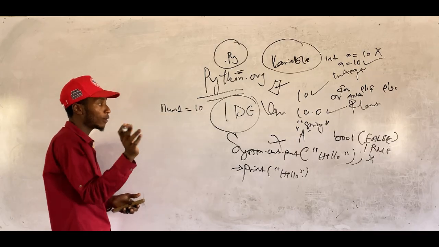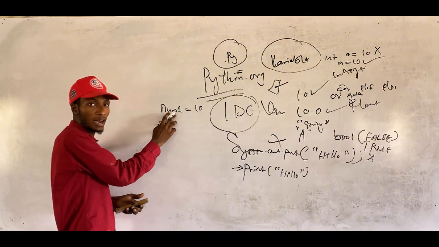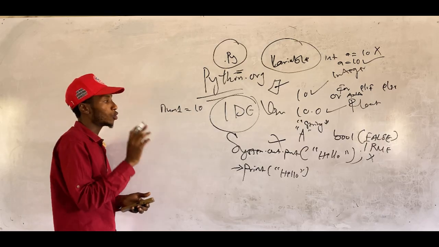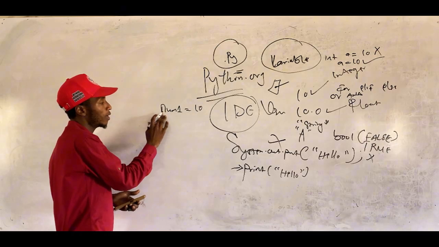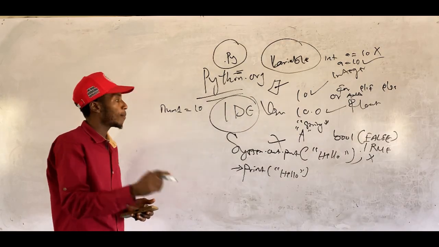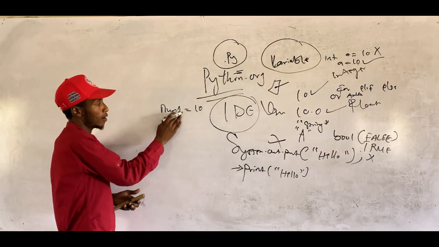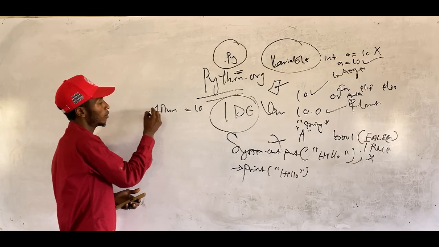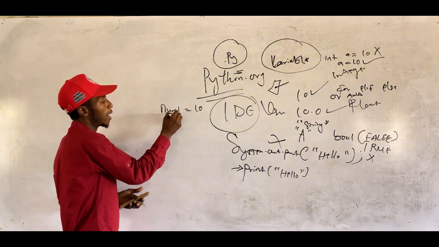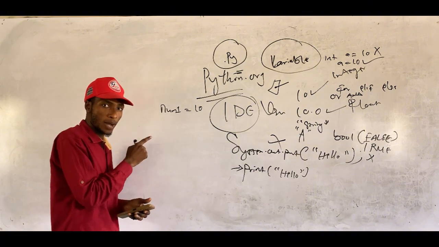If you notice, this is a 1 and we have alphabets. The rule says you can have a combination of alphabet and a number, but don't start with a number. You can start with an alphabet, then append a number to it.